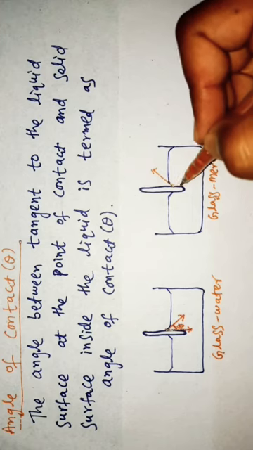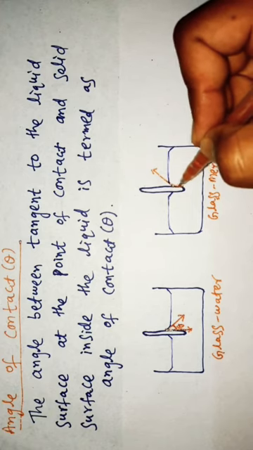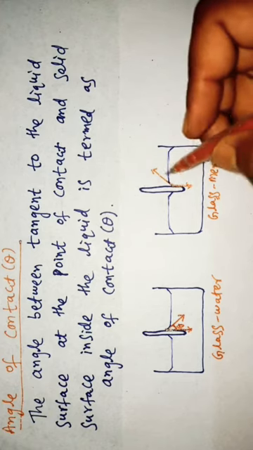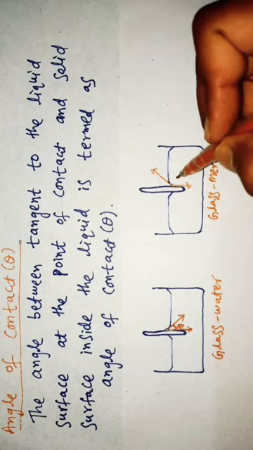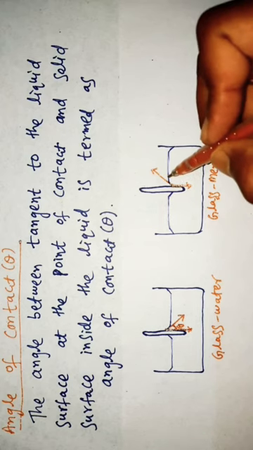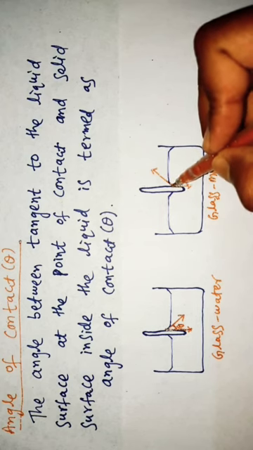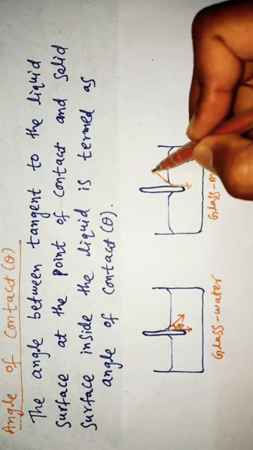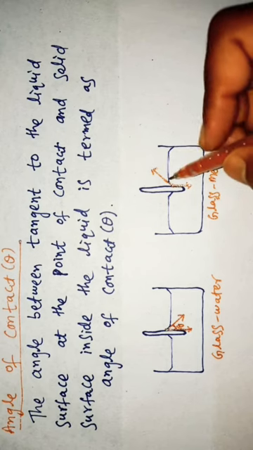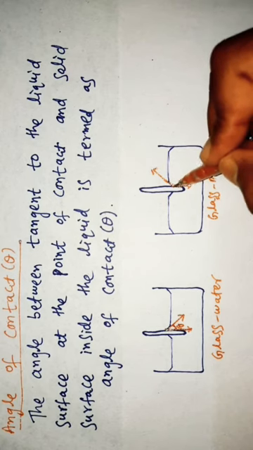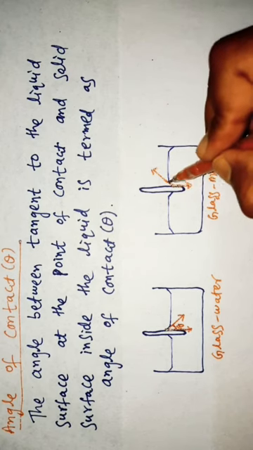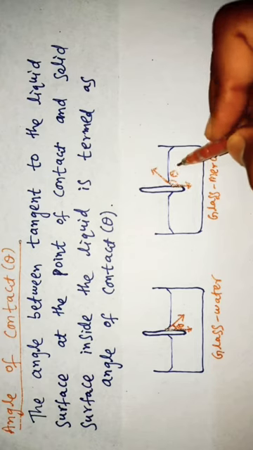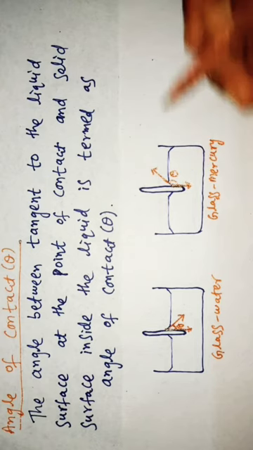This is inside the liquid. The angle between the tangent to the liquid surface at the point of contact and the solid surface inside the liquid is known as the angle of contact, that is theta.